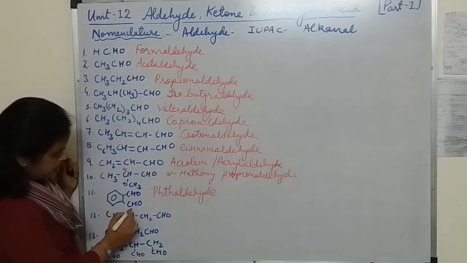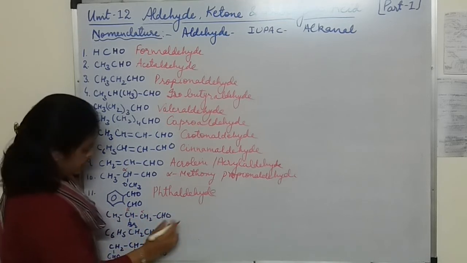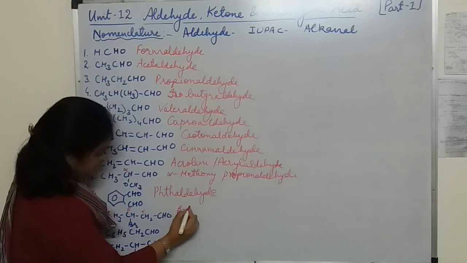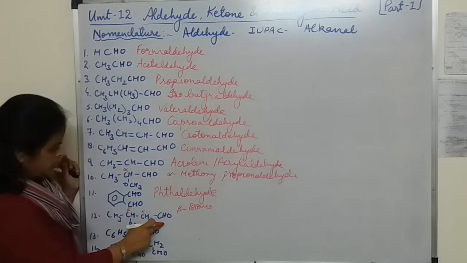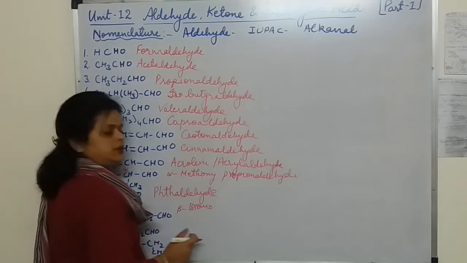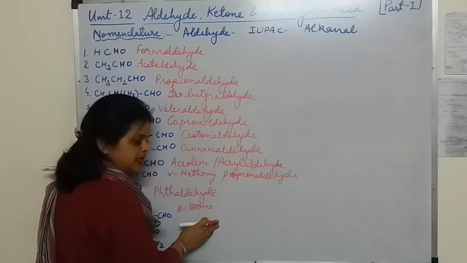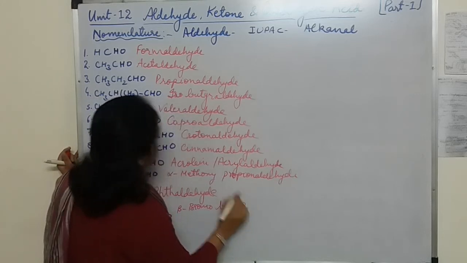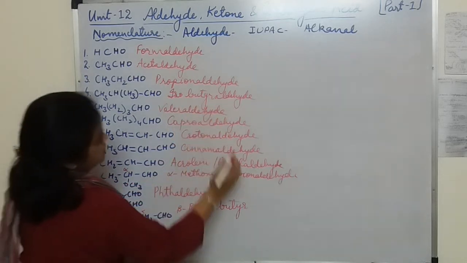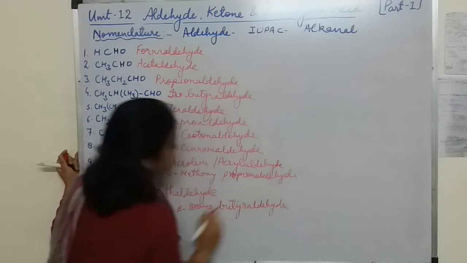Now here it is one. We are writing the IUPAC name, so it is alpha and this is beta. Sorry, we are writing the common name. So it is beta-bromo and 4 carbon. So we will be using butyric acid. Here we are having aldehyde, so we will write butyraldehyde.